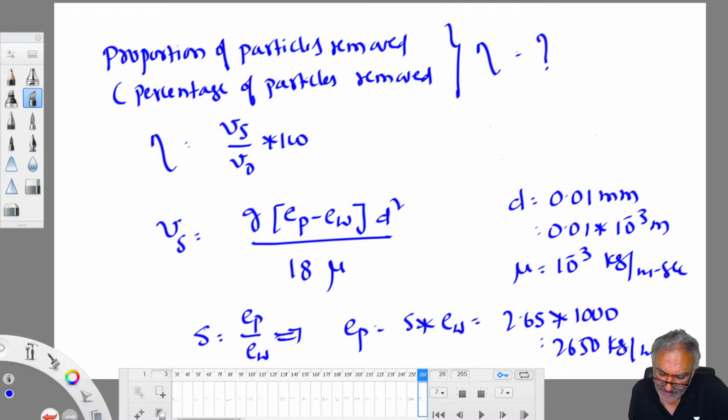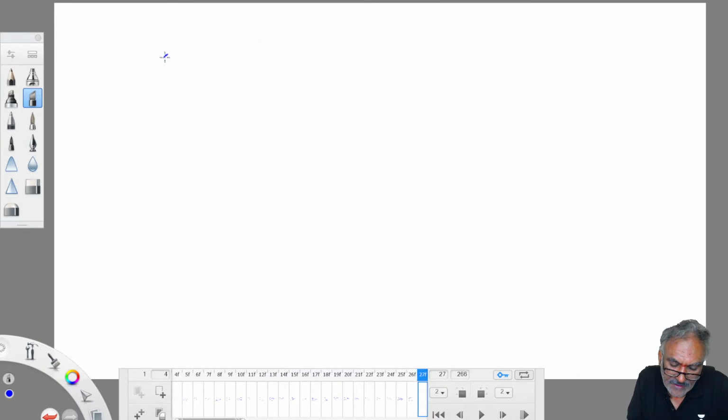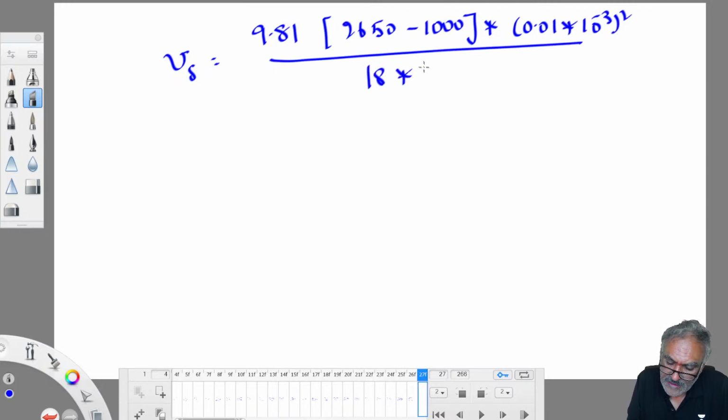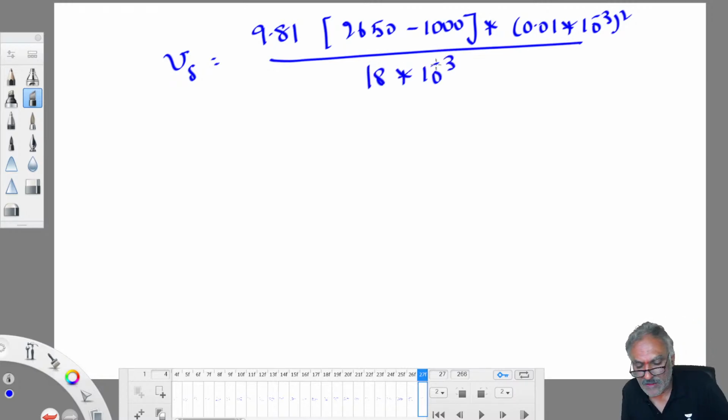Now formula substitution. You can work out the settling velocity of the particle. Settling velocity of the particle is equal to 9.81 into (2650 minus 1000) into D squared, where D is 0.01 mm converted into meters, divided by 18 into the viscosity of 10 power minus 3. Come on, work it out, find out fast.